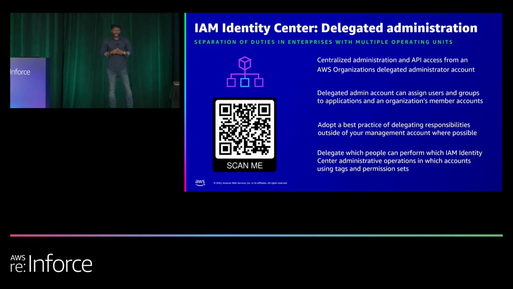So this means that I will need to give my security team access to the management account of my AWS organization. As we started to grow even more, we realized, well, suppose I want the marketing team to be able to manage their identities for their organizational unit, and I want the sales team to be able to do the same. How can I do that?